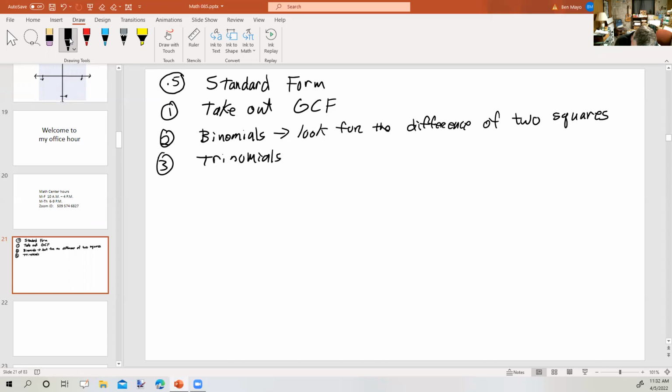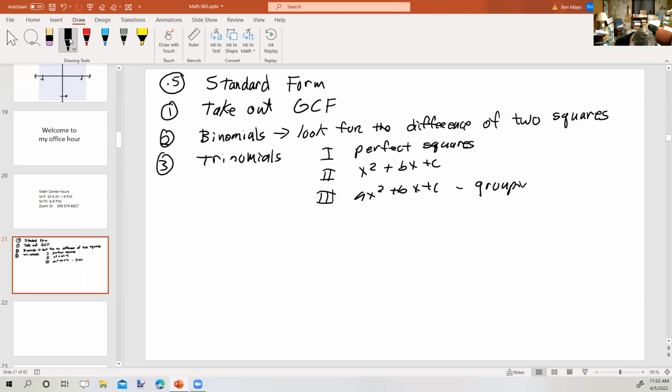Item number 3 is trinomials, and we're going to have Roman numeral 1, perfect squares; Roman numeral 2, x squared plus bx plus c; Roman numeral 3, ax squared plus bx plus c, and this is going to be grouping or trial and check.